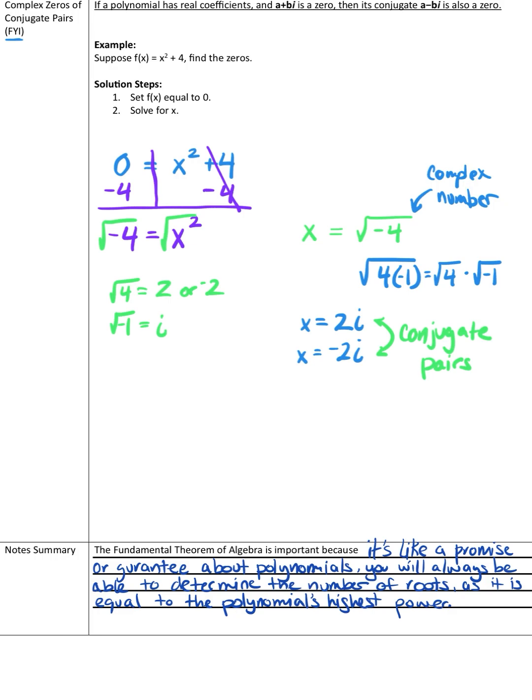You will always be able to determine the number of roots, as it is equal to the polynomial's highest power. For example, if I had x to the power of 3, that's a third degree polynomial, which means it's going to have 3 roots.